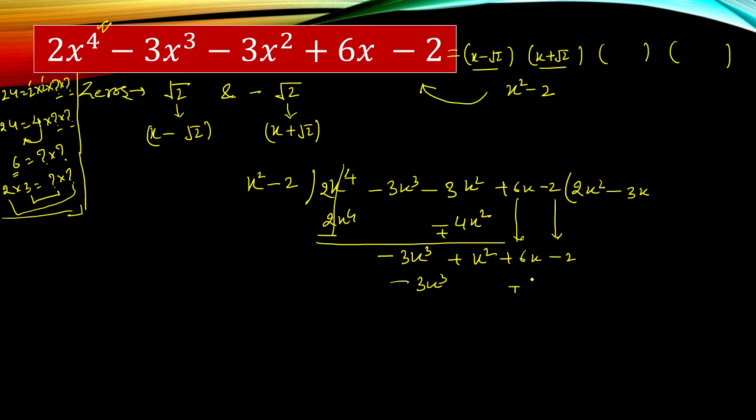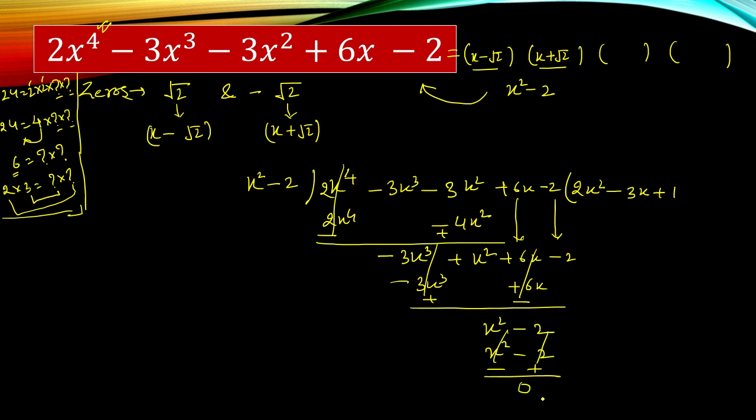Now positive and negative cancel, and the remaining terms are x square minus 2. This is also x square minus 2, so we multiply by 1, and we get x square minus 2 as it is. Now minus and plus cancel, and we get the remainder 0.